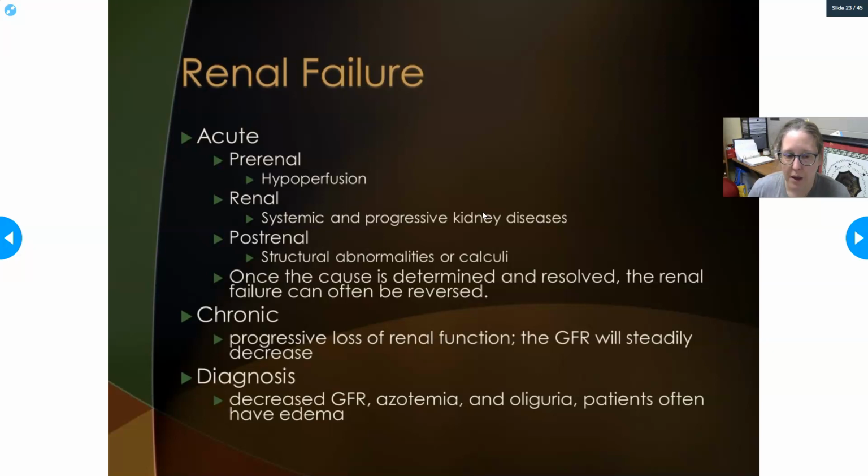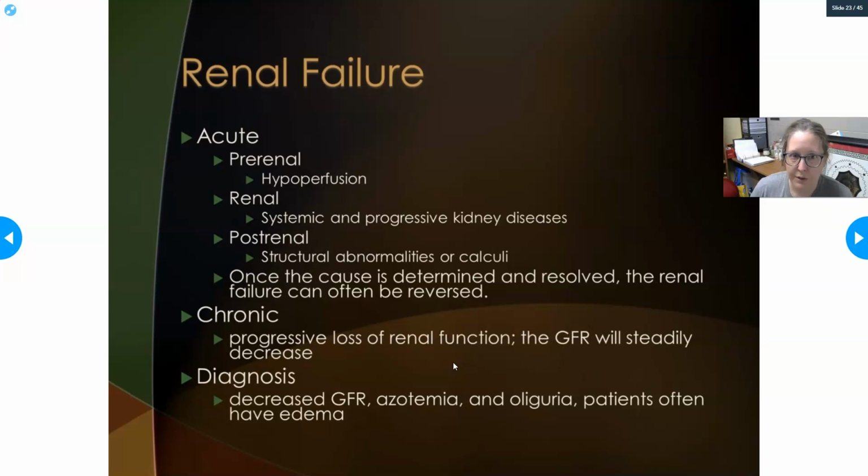kidney injury. Chronic renal failure is quite common, and as a progressive loss of renal function, the glomerular filtration rate is going to be steadily decreasing. This is often due to many chronic diseases. It can be due to chronic high blood pressure, type 2 diabetes, some chronic autoimmune diseases.